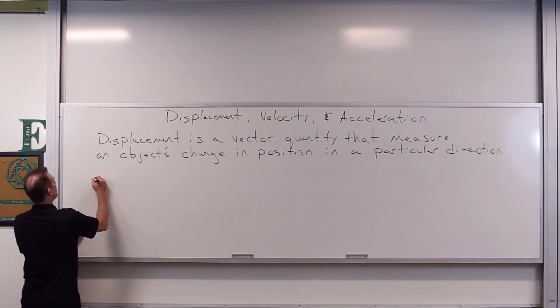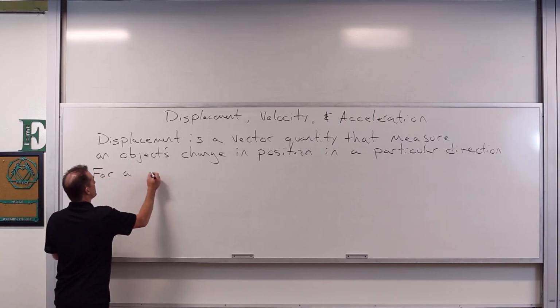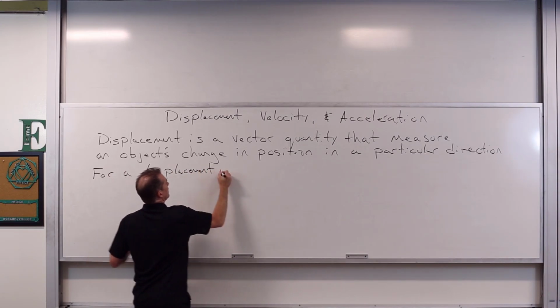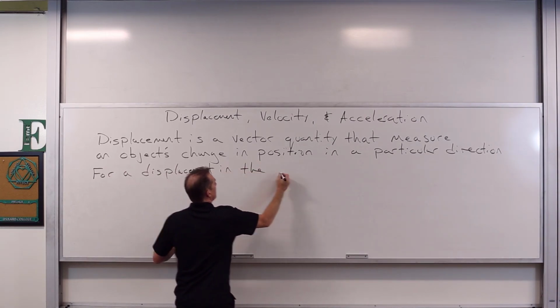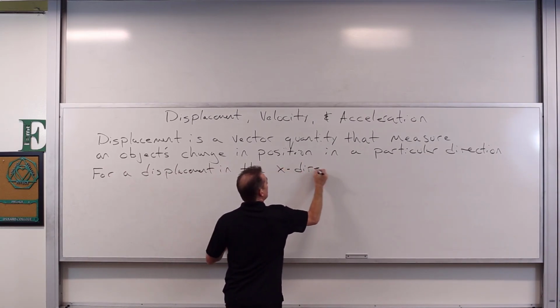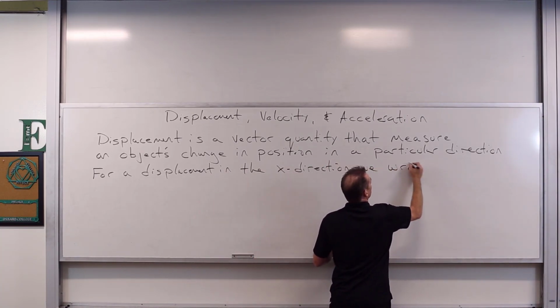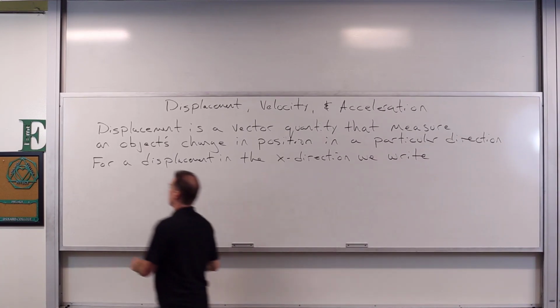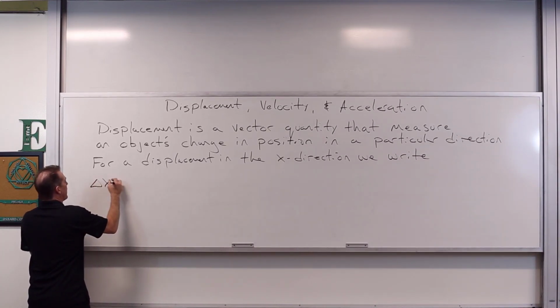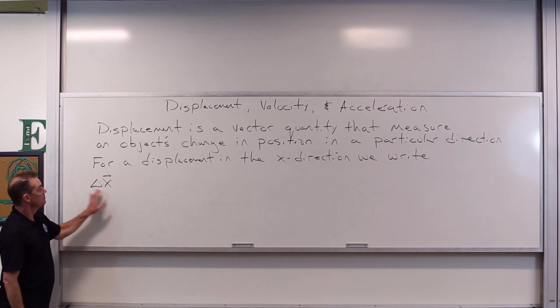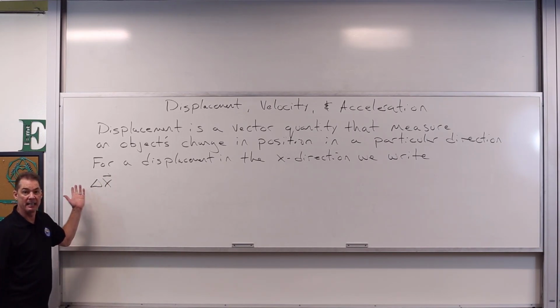We have this for a displacement in the x direction. We write delta x hat. This is the displacement vector, and that's how we represent it, delta x hat.